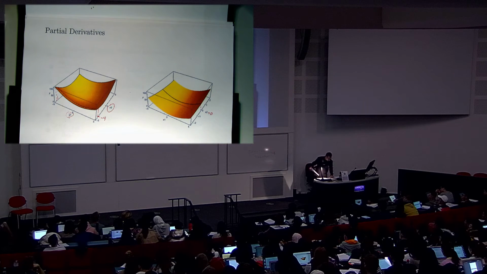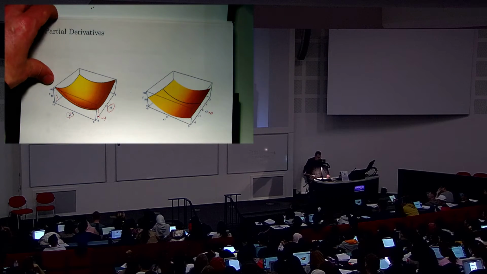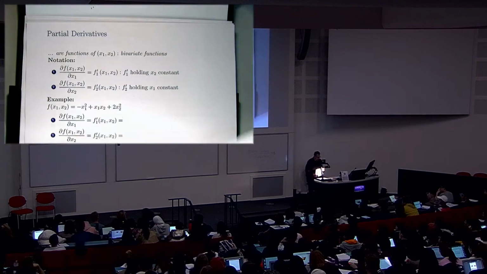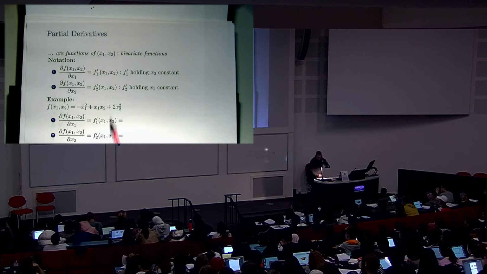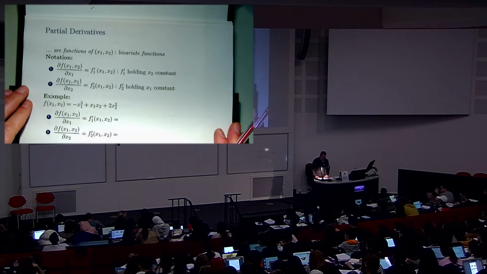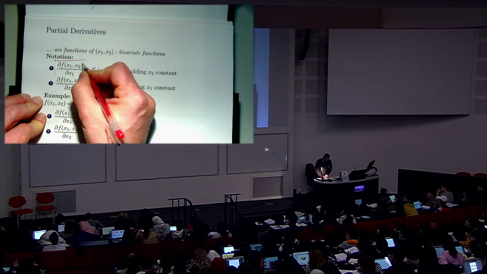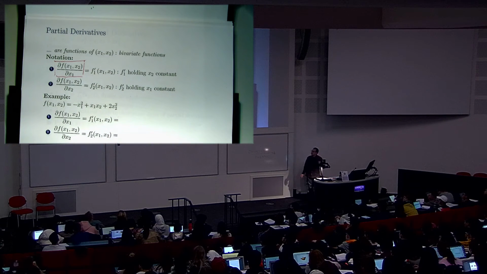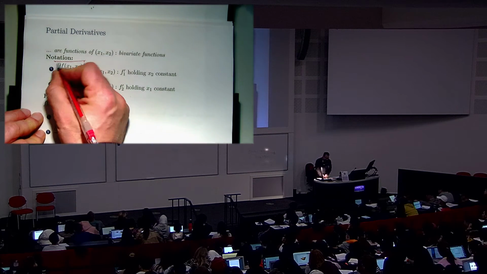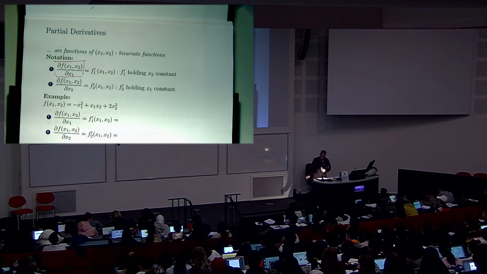So why is that important? That's super important because what we now need are what we call partial derivatives. Let's firstly use some notation here. There's some new notation which you may not have seen yet. This little funny round delta.